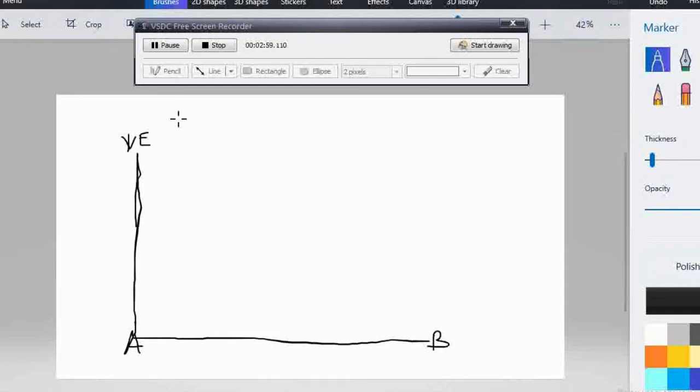So after doing that, you need to put a scale to help the examiner to understand what you are doing. So you make a scale of 2 centimeters is equal to 100 meters, depending on the contour interval.